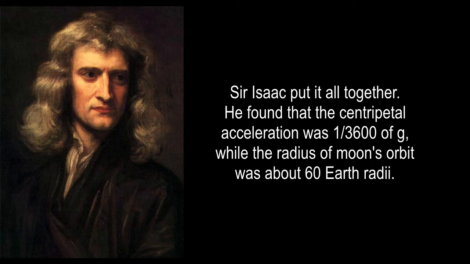And he knew that the distance all the way out from the center of Earth to the center of the moon was about 60 times that, 60 Earth radii. And students, make a note, 3,600 and 60 radii, that is not a coincidence. Sir Isaac Newton said, I believe that that is the clue to the force law for universal gravitation.